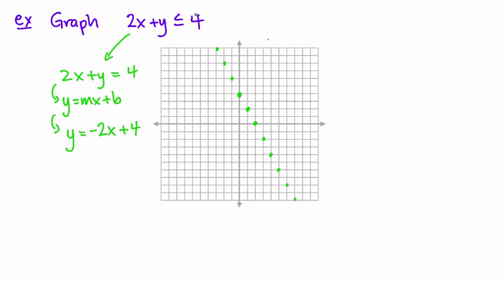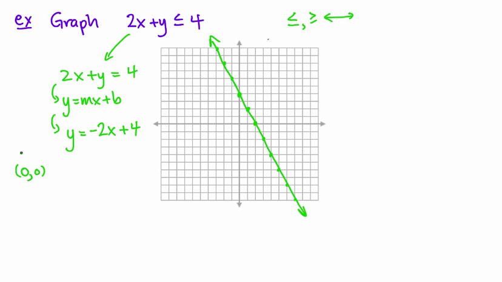Next step is you determine whether or not it is a solid or a dotted line, and greater than or equal to, like less than or equal to, both of these are going to be a solid line. So we just connect the dots like we would normally, use a ruler, draw arrows to the edge of the Cartesian plane, and now we test a point. I'm going to test the point 0, 0.